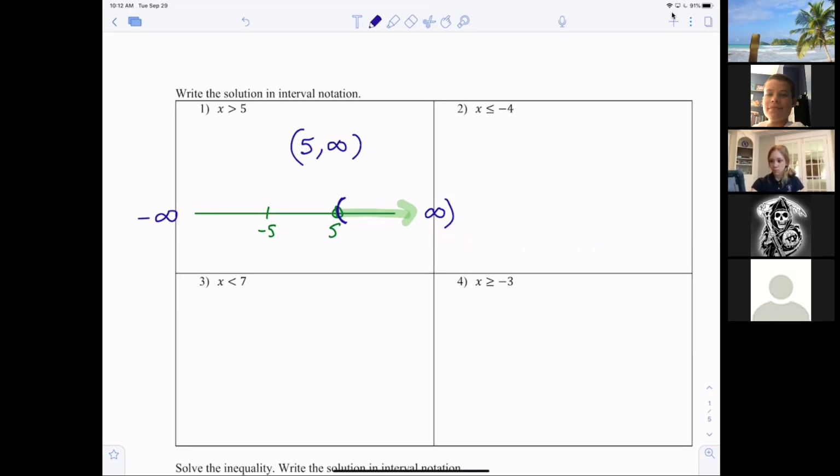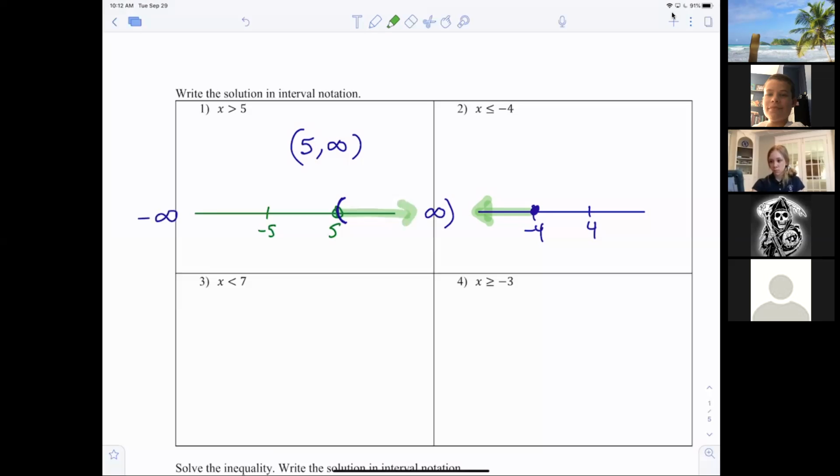Now, number 2. We're going to graph it just like yesterday. 4, -4, a solid dot because it's equal to, and then less than would be everything to the left. That's what you were supposed to do yesterday, but we're not doing that anymore. You read from left to right.